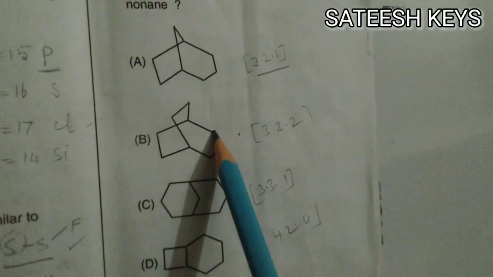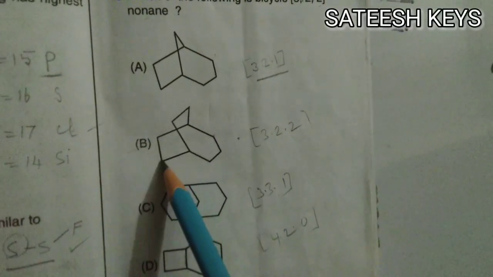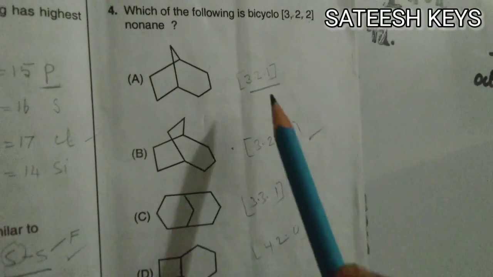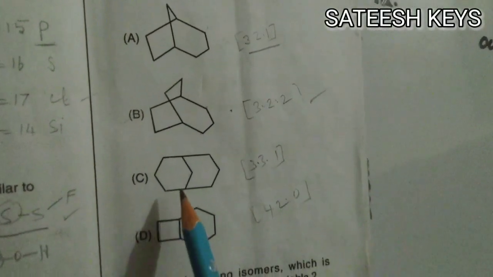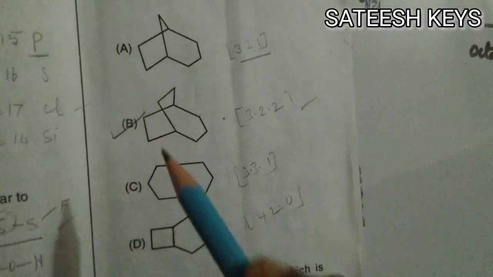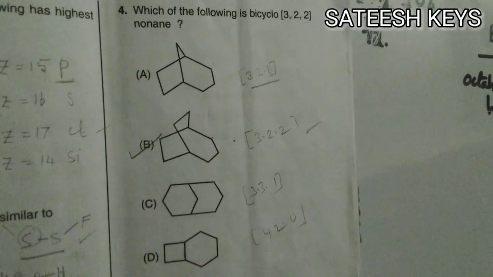In B, first of all the highest number, 1 2 3, so 3 2 2. So this is the right answer. In other cases, 3 3 1 and 4 2 0. So option B is the correct answer. This is the structure of bicyclo 3,2,2 nonane.